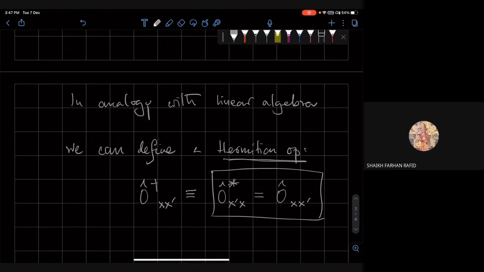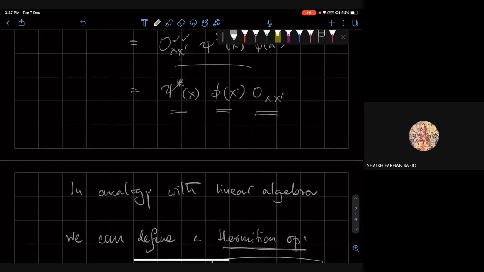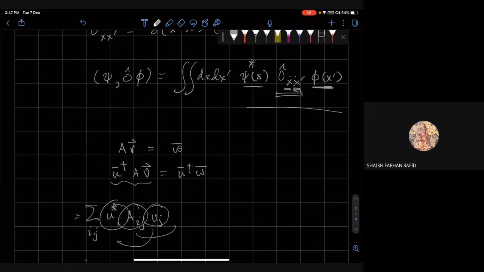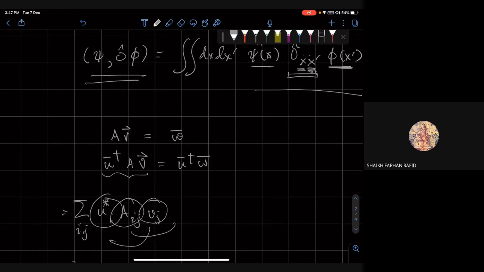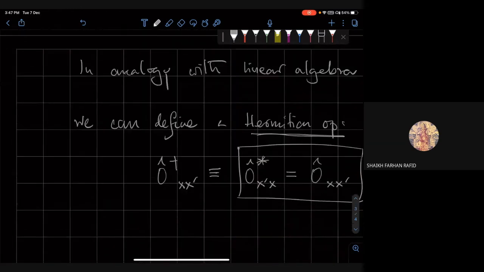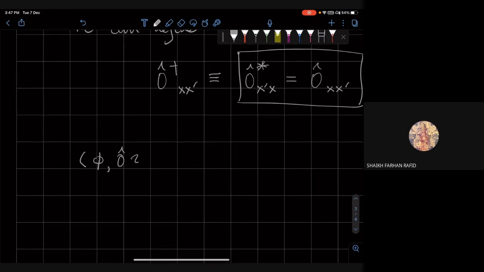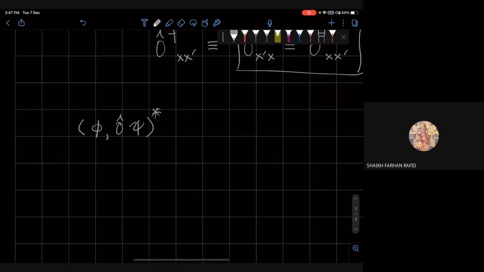So if we impose this, then you can show starting from this expression. Where is this expression? Yeah, you can use this expression, or to be precise, you can use the star of this expression, and let's just see how it plays out. So we start, say, with phi, O hat, psi, star, right? What is this?